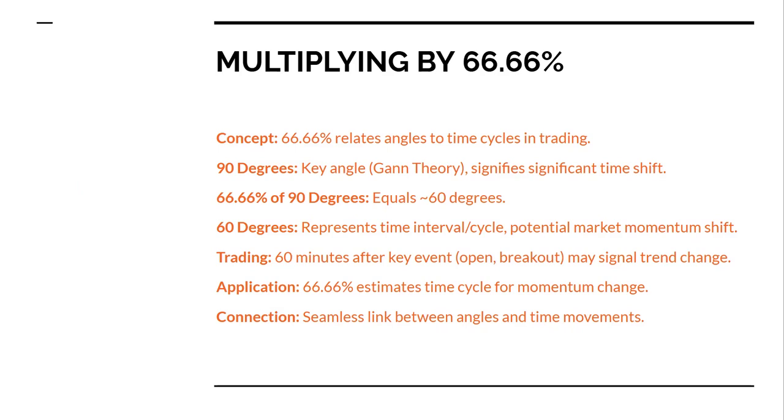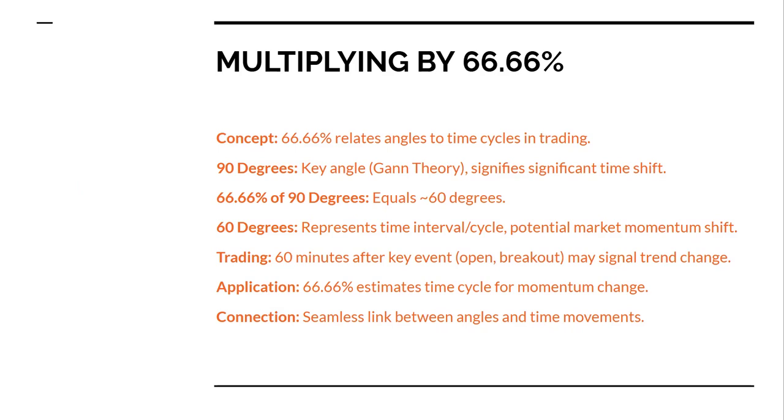If you get that type of stocks, a significant trend change will be there. 60 minutes after a key event, open or breakout may signal a trend change. We are identifying those types of stocks.